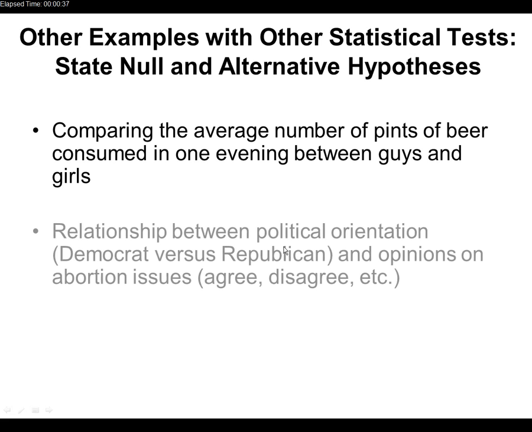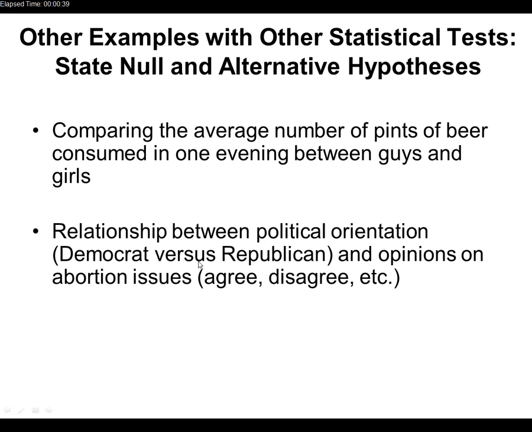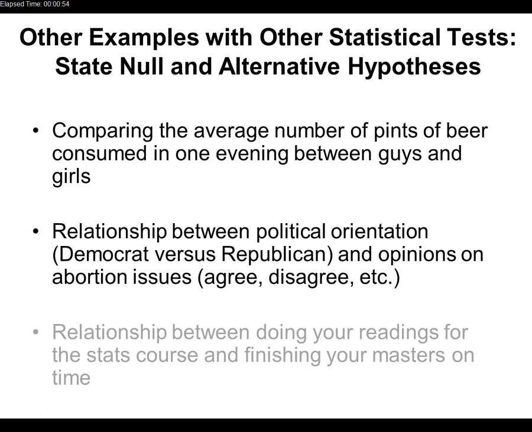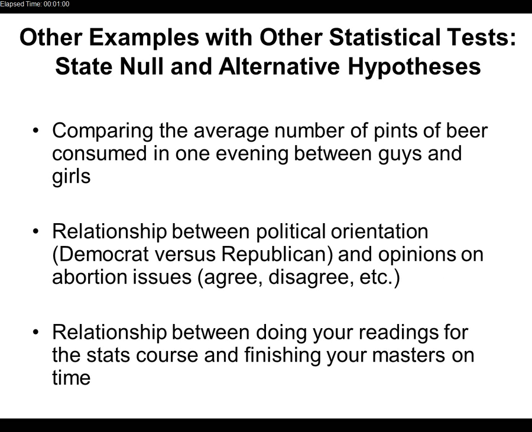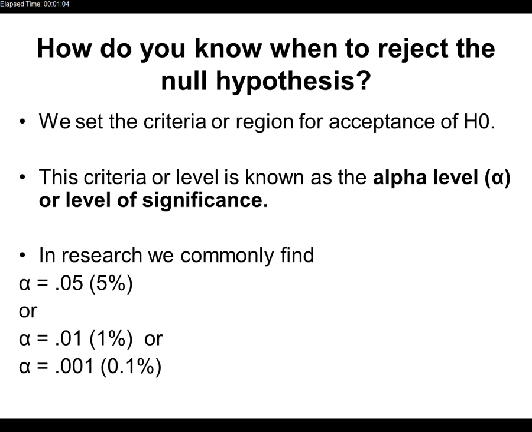And the second one is, what is the relationship between political orientation, Democrats versus Republicans, and opinions on abortion issues, agree or disagree, etc.? What is the null hypothesis, and what is the alternative hypothesis? And the third one is the relationship between doing your readings for the stats course and finishing your master's on time. All right, so figure out what those are.